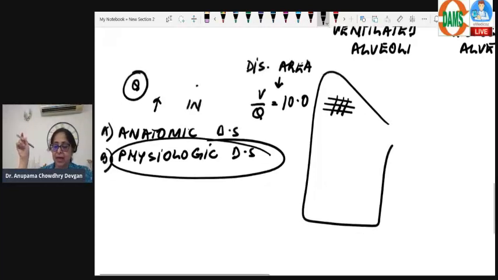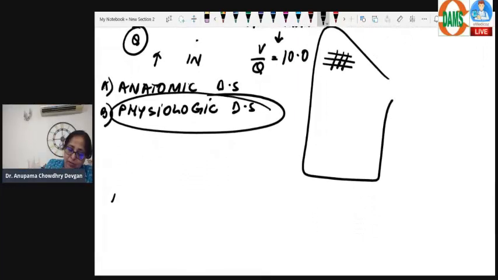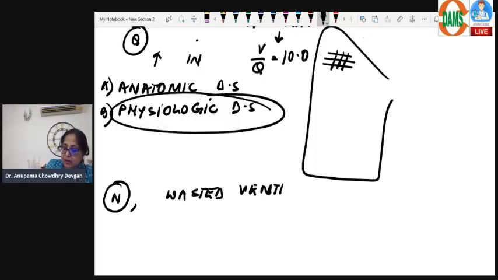Okay? Now, please remember, in normal individuals, wasted ventilation is equal to 0. There is no wasted ventilation.